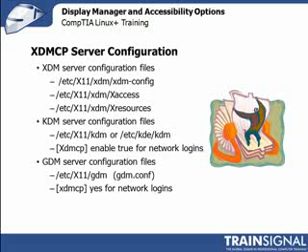For GDM, the network login setting is xdmcp equals yes. And again, I should reiterate that file names and locations change from release to release. On our test systems, for example, these files don't exist. But for the purposes of certification, you should understand the file names and locations. Now let's move on and cover remote access on the next slide.